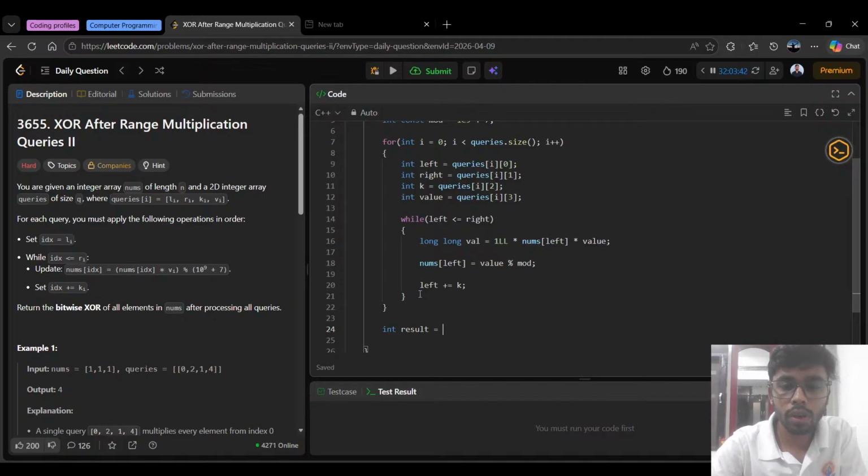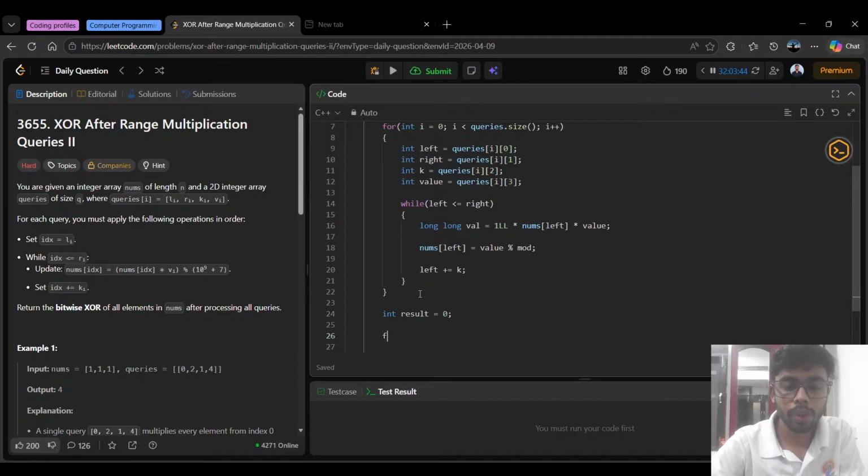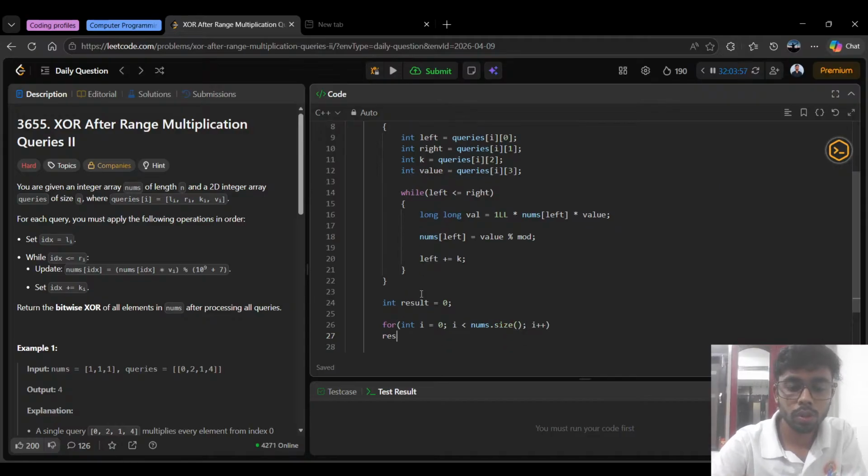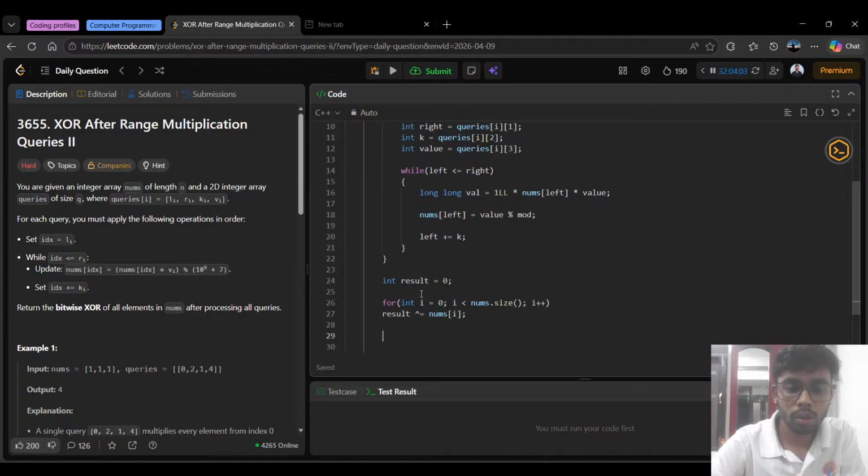So int result equals 0, for int i equals 0, i less than nums.size(), i plus plus, result XOR-equals nums[i], then return result.